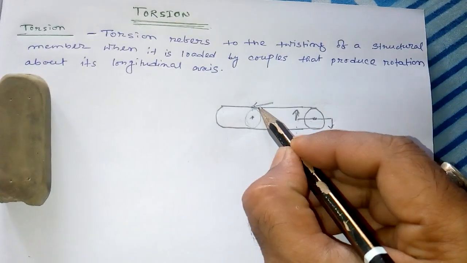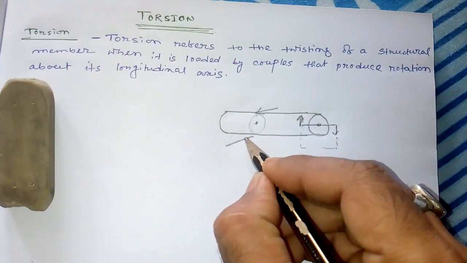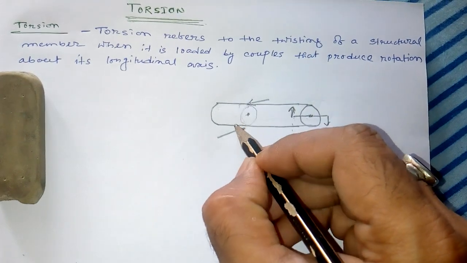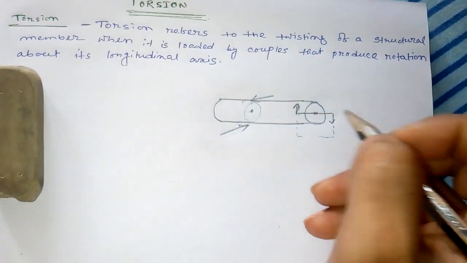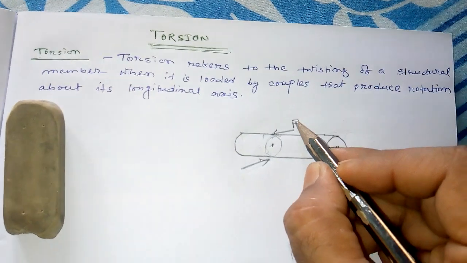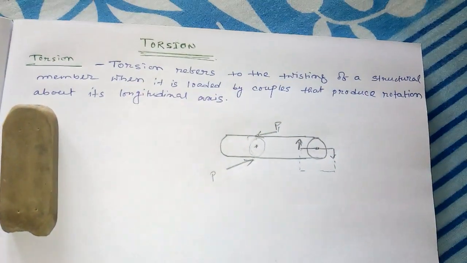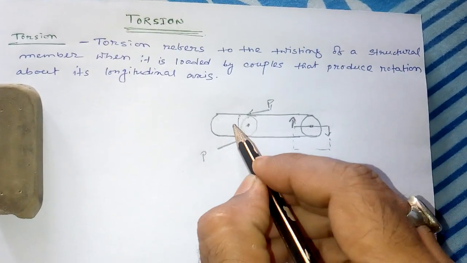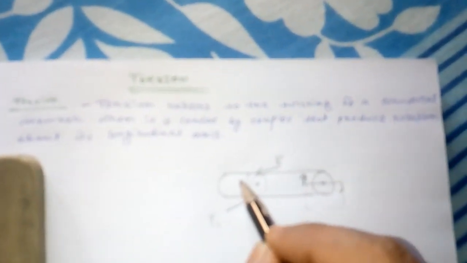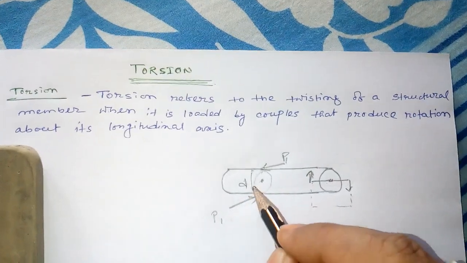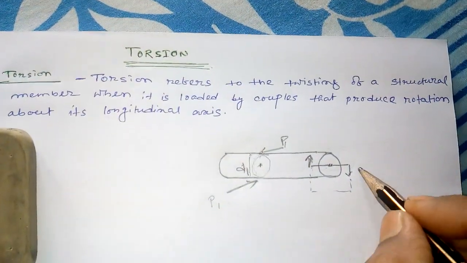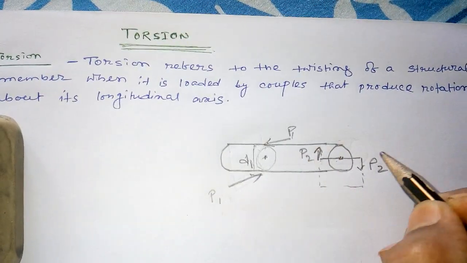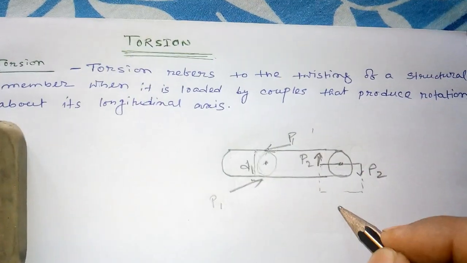Suppose the force is in this direction, and it also has some distance. Suppose this force is P1, the distance between the two forces is D1, and in this case we have P2 force and P2 force with a distance of D2.